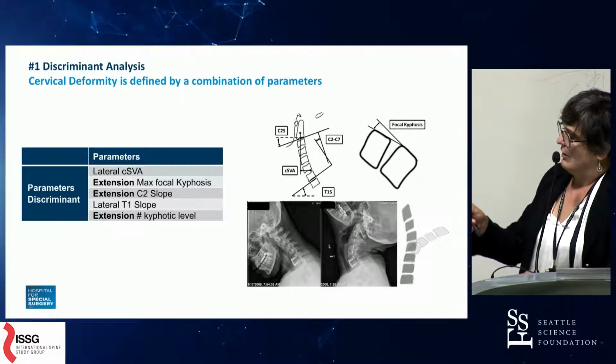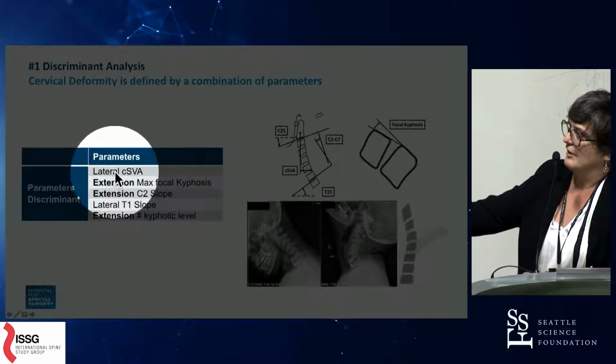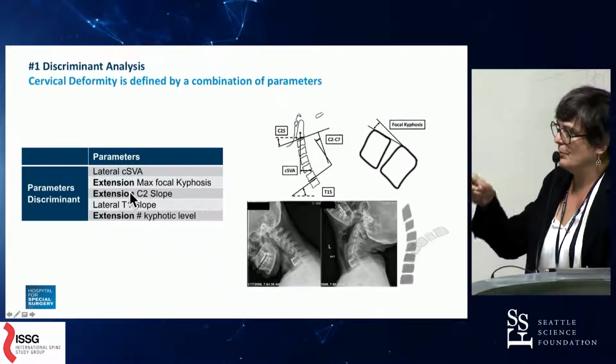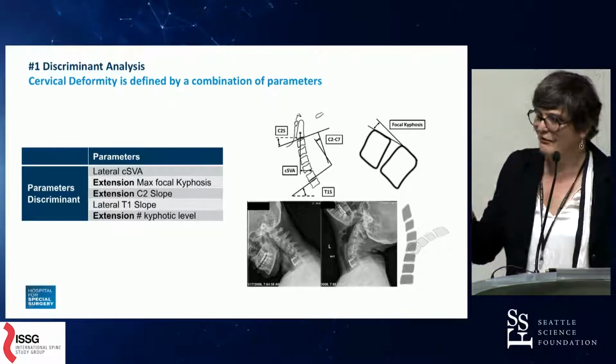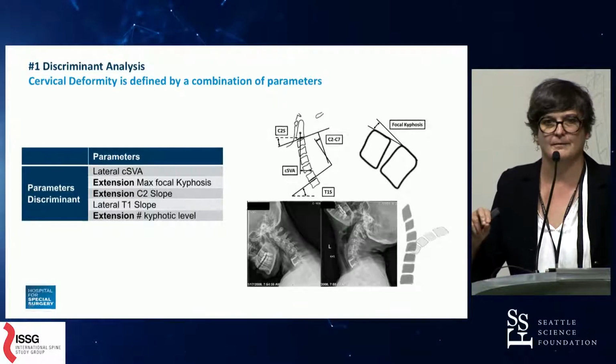Of course, we found the classic parameters, like the cervical plumb line and the T1 slope, but more importantly, what defined a cervical deformity was actually based on the extension film.